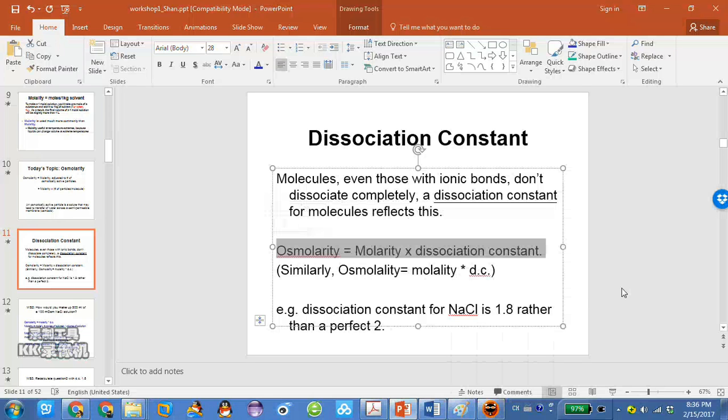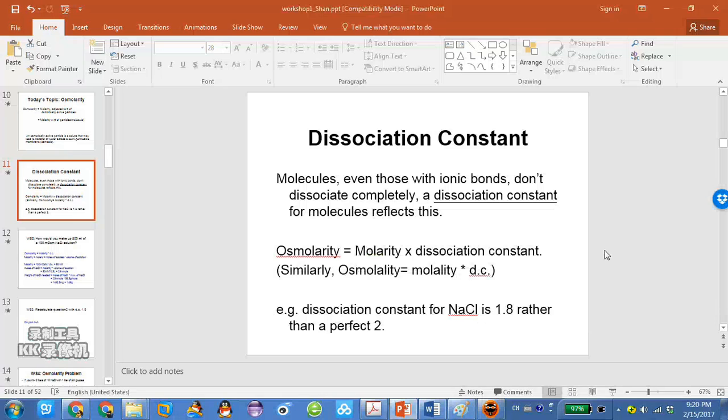And we can use osmolarity and osmolality to express the overall concentration of a solution when it comes to the direction of osmosis. And it makes sense because osmolarity and osmolality describe the number of actively moving particles in a solution, and that is directly related to the osmotic pressure, which is the driving force of osmosis, the net water movement.